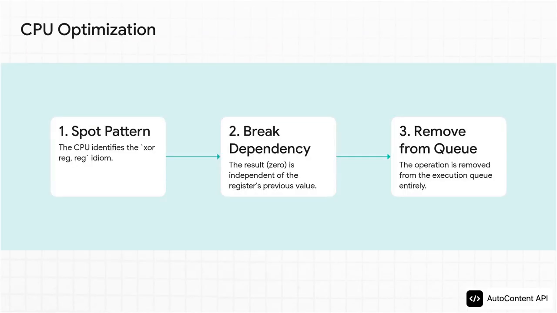So here's what goes down inside the silicon. First, the CPU spots the pattern. Then, its brainy out-of-order execution logic immediately realizes something crucial. The result is always going to be 0, no matter what was in the register before. This is massive because it breaks what's called a dependency chain, which can really slow things down. And then, it does something that's just mind-blowing.